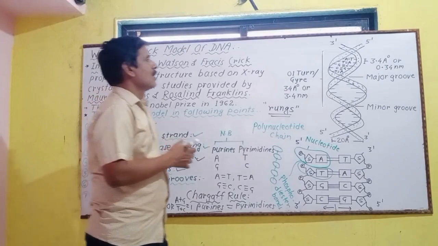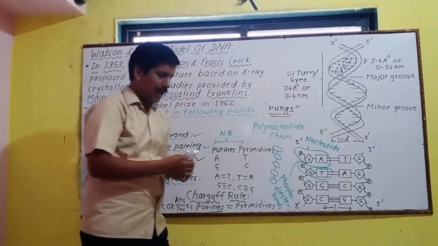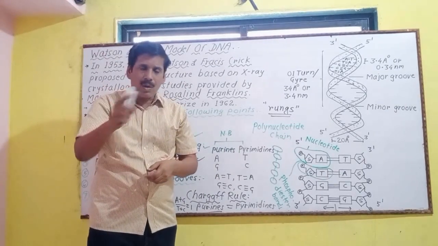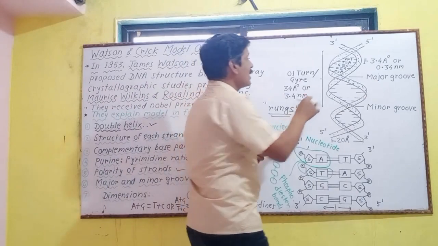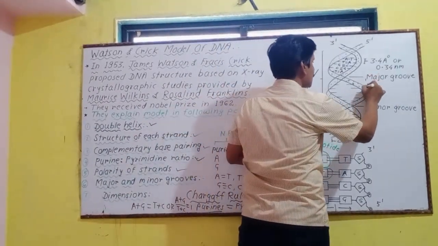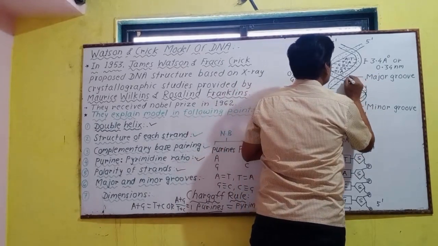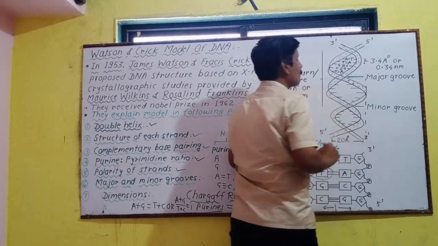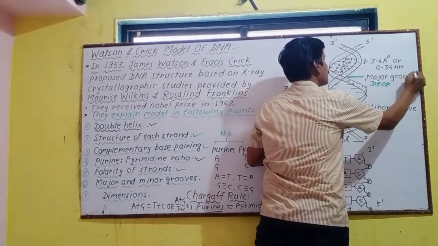Then, major and minor groove. What happens when the two strands of DNA get joined together with the help of hydrogen bonds and are coiled along each other around an imaginary axis? At that time, at the intersection points, grooves are formed. Here there is a deep groove, whose depth is more, which is called the deep groove or the major groove.